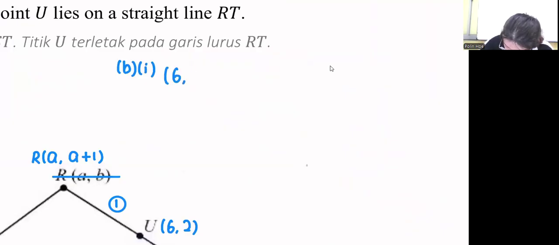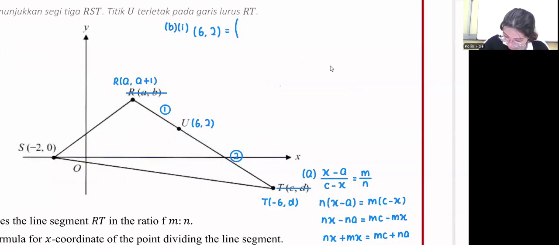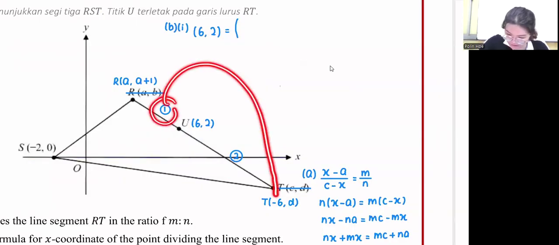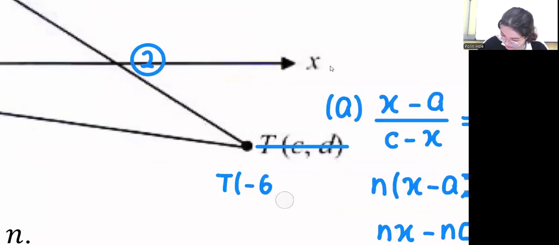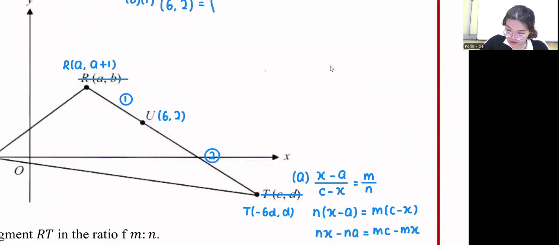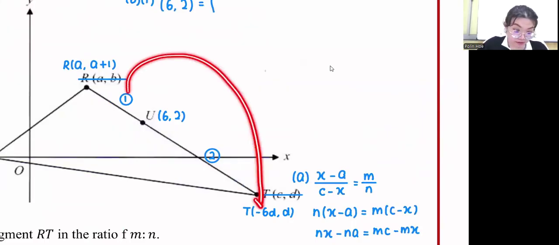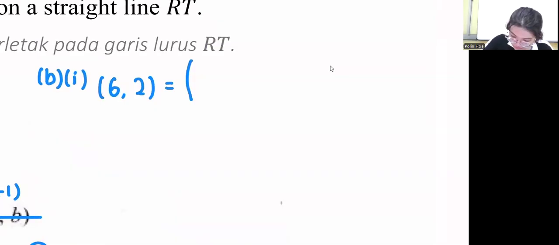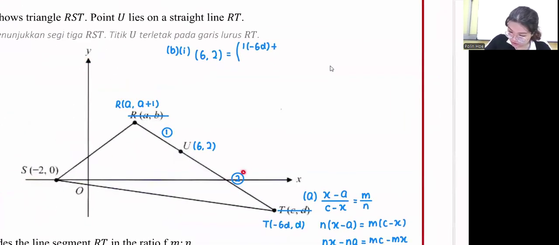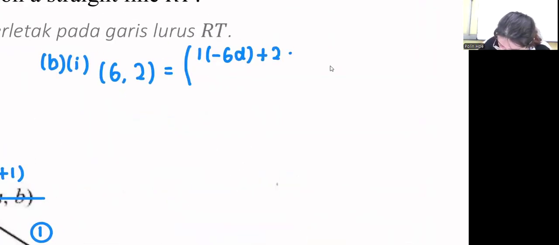I have (6, 2) equals to, 1 multiplied by negative 60. I write wrong, sorry. Once again, 1 multiplied by negative 60 plus ratio 2 multiplied by 8, over total ratio.